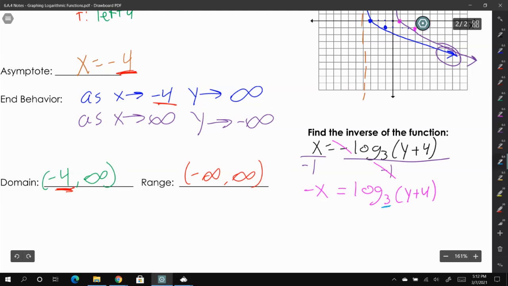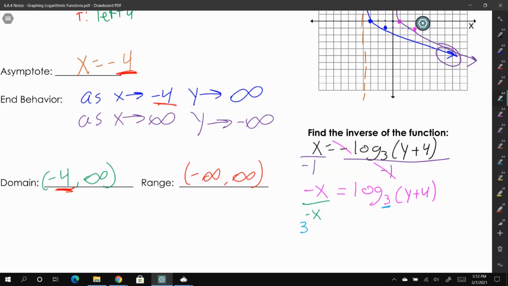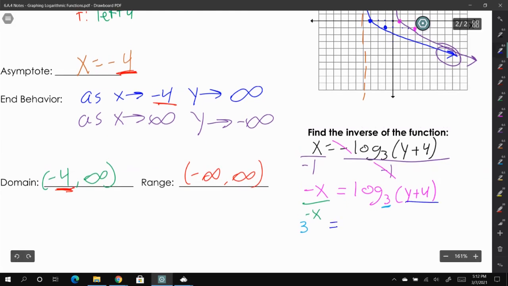Then we look at our base, which is 3, and raise it to the negative x power, since the log and exponent have to be on opposite sides. And that's going to equal what's left over, y plus 4. Subtract 4 from both sides. That's going to get us 3 to the negative x power minus 4 equals y. Y is now by itself, so that means our inverse is 3 to the negative x minus 4.